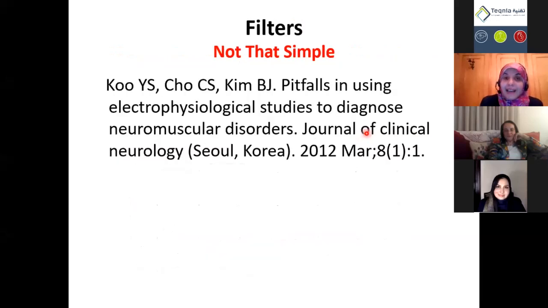As I said, it is not that simple, but I think it is much simpler to just check the filters and memorize them before we analyze the waves than to understand all the details of the filters. But for whoever is interested, this is a very nice paper describing the filters in detail.